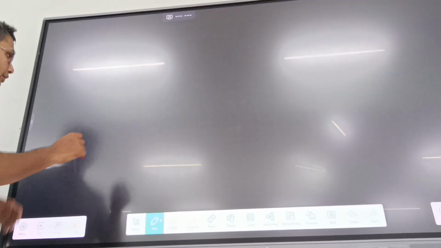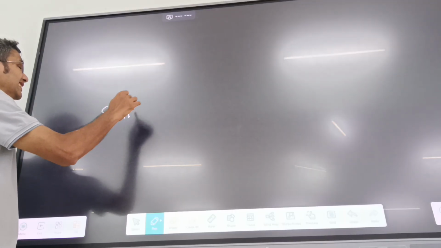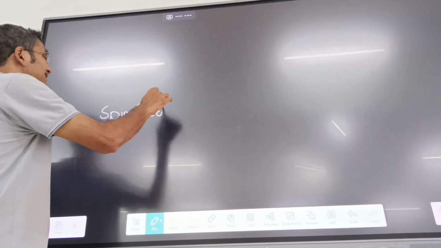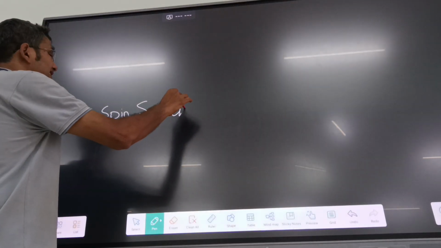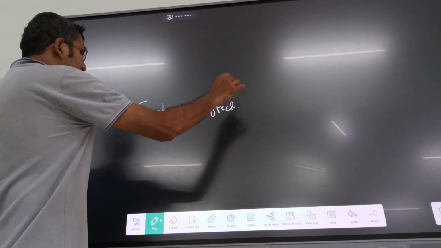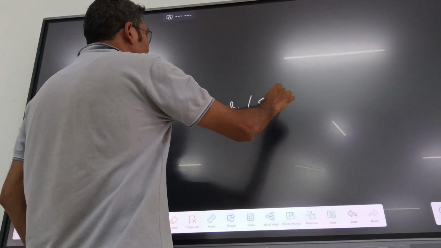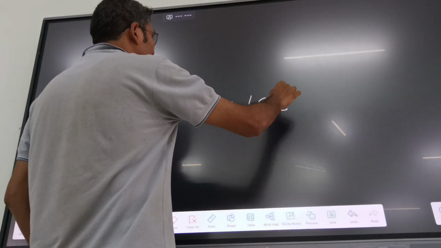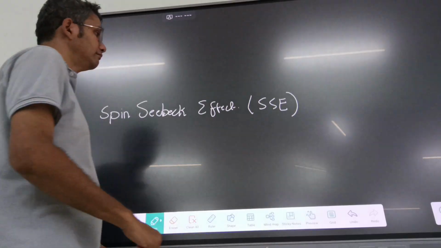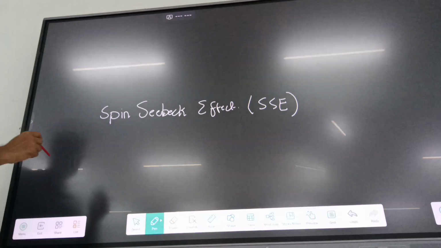One of them is called spin Seebeck, SSE. Spin Seebeck effect में क्या हुआ है?